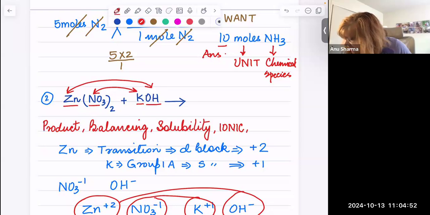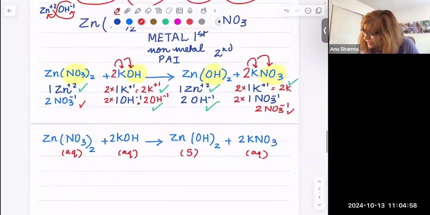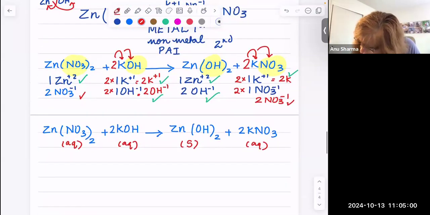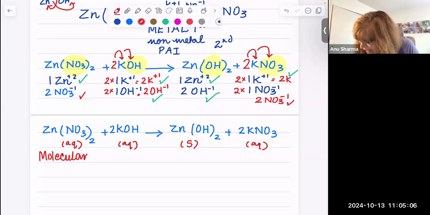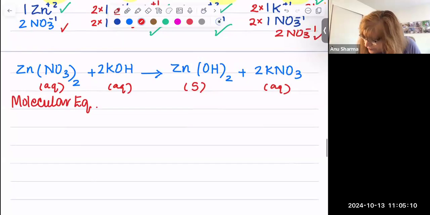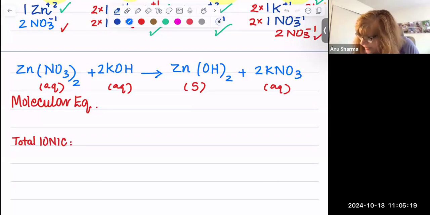Ionic states, and then the moles thing, the mole calculations, stoichiometry. Okay, so everything we are looking into. Now, so this is the molecular equation. Okay, this is the molecular. Okay, and next is the total ionic. Total ionic. And total ionic is what?